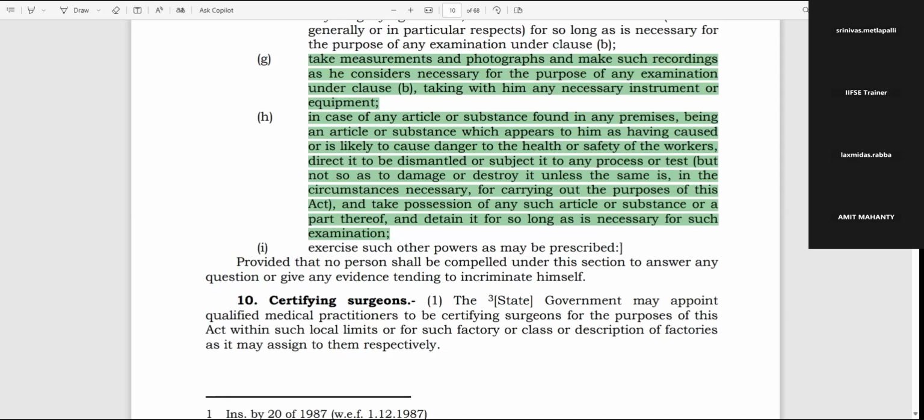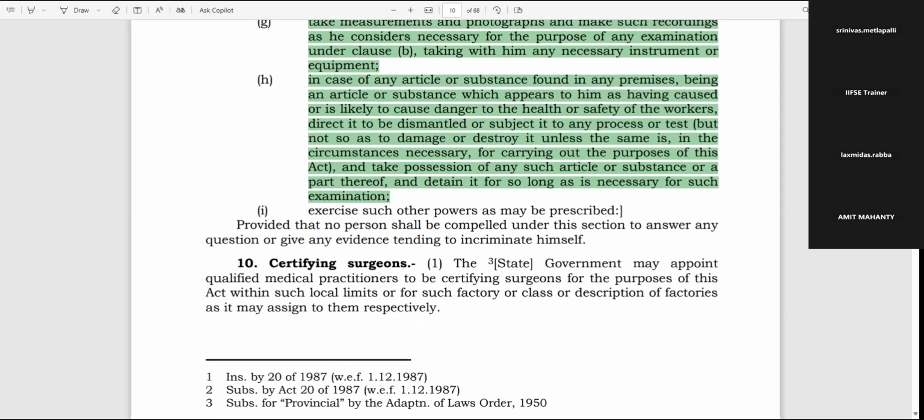So to make it simple, if you see any activities or machineries or structure or storage which is making a problem to health and safety of the employees, he can ask or he can recommend the occupier to take necessary actions.